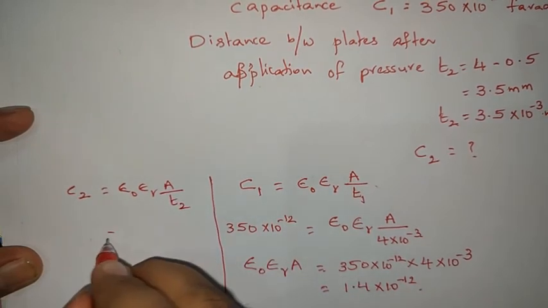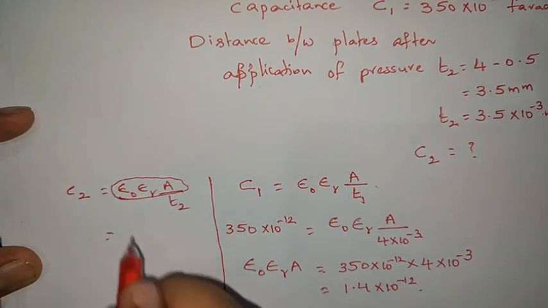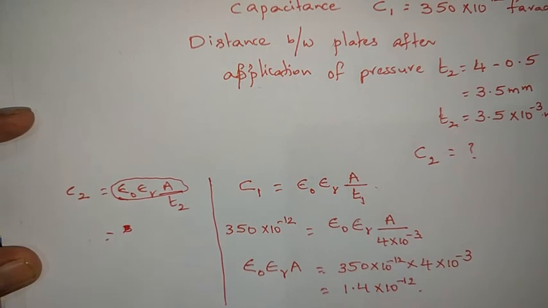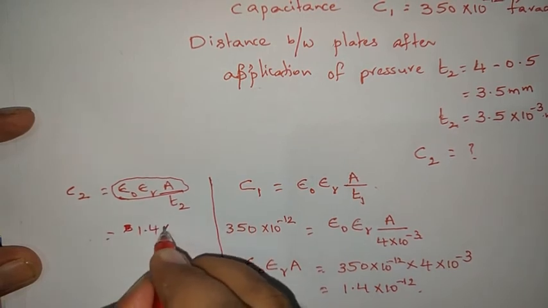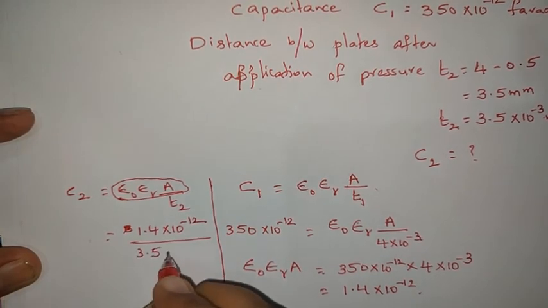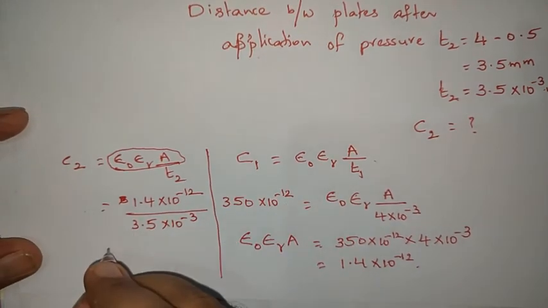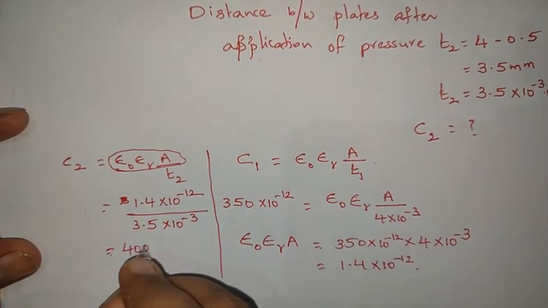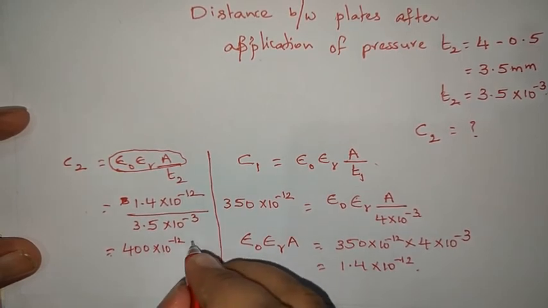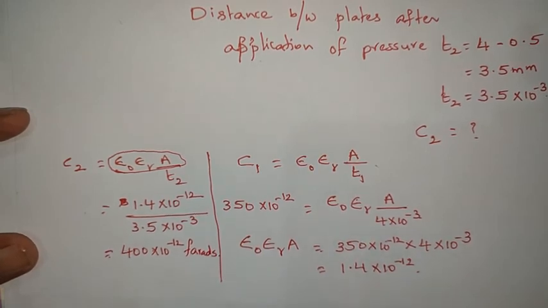So that equals, if you see it here, epsilon naught into epsilon r into A, that value is 1.4 into 10 power minus 12, by the T2 value, which is 3.5 into 10 power minus 3. So that equals 400 into 10 power minus 12 farads. Right? So this is the new capacitance.